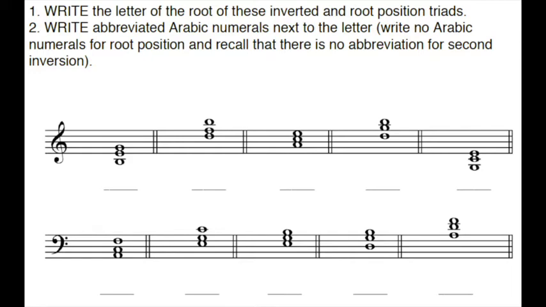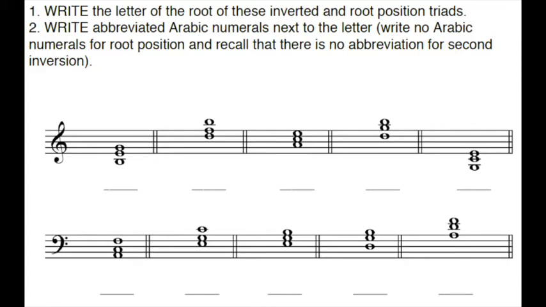So number 1, there's a B, an E, and a G. The root is at the top of the fourth. So the letter of the note at the top of the fourth is E, because the fourth is from B to E. So you will write a capital E there. Then write abbreviated Arabic numerals next to the letter. So that is not root position because the root is not at the bottom.